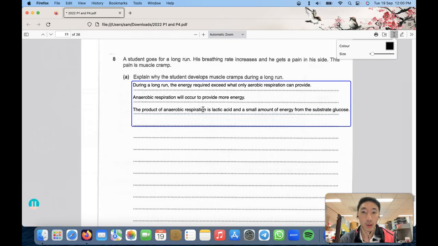So lactic acid has been proposed to cause muscle fatigue, muscle cramps, soreness, and pains.